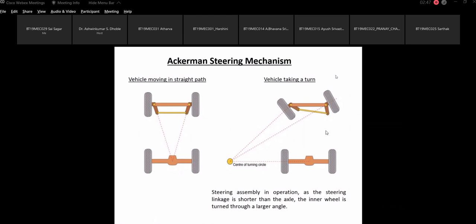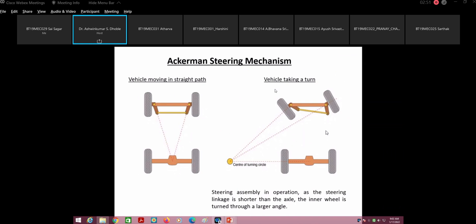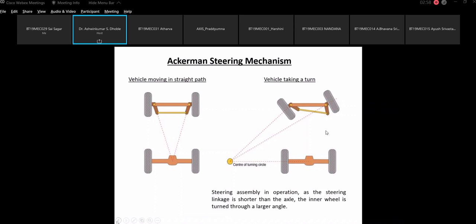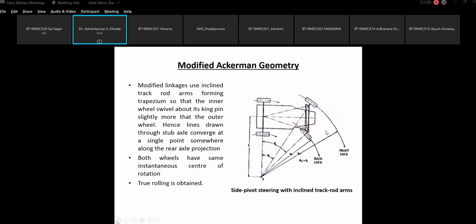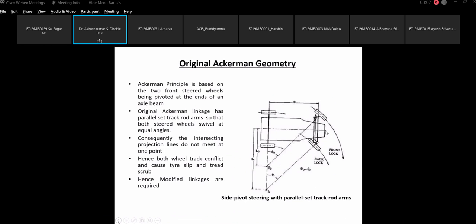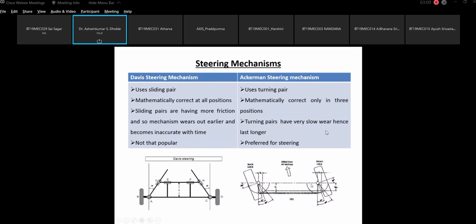So in the previous lecture, we have seen that the Ackermann steering mechanism is the one which satisfies the perfect steering equation. Actually, it is not the Ackermann steering mechanism that satisfies the condition for perfect steering.